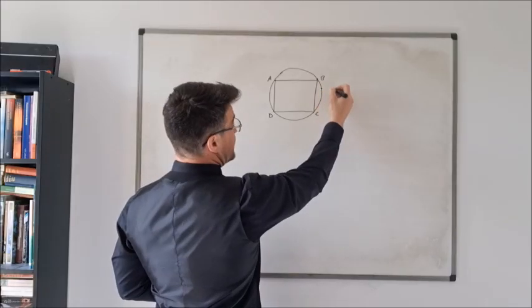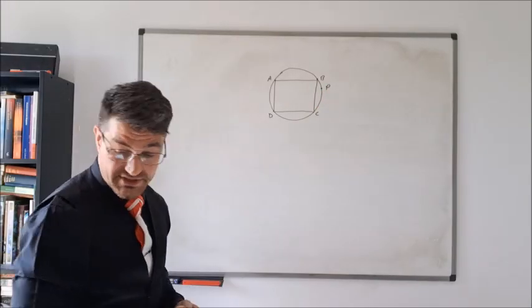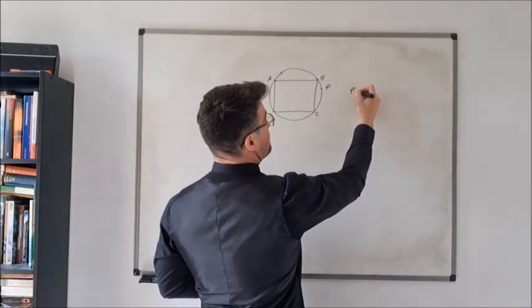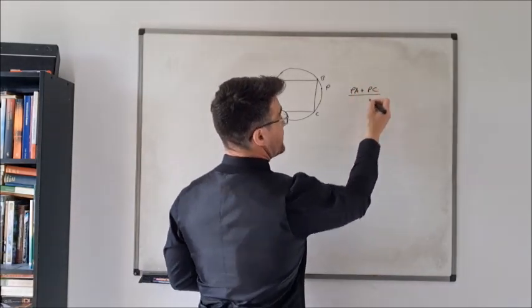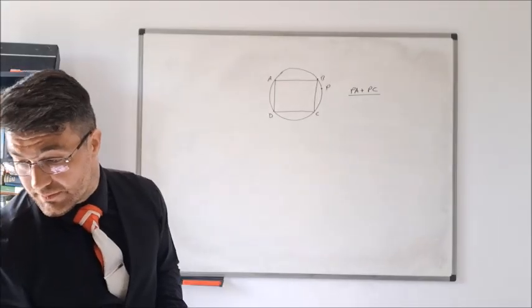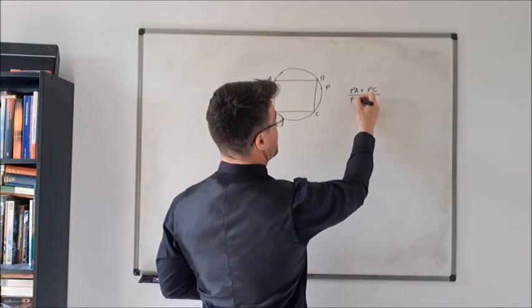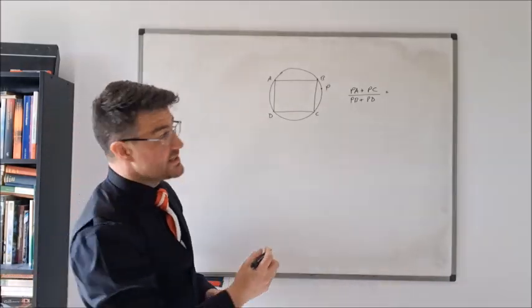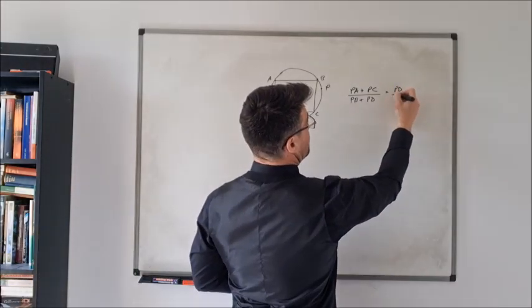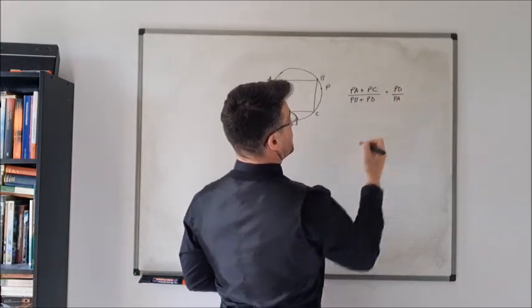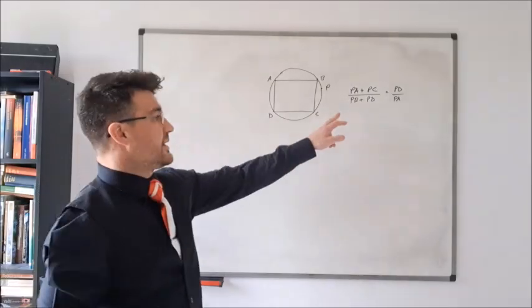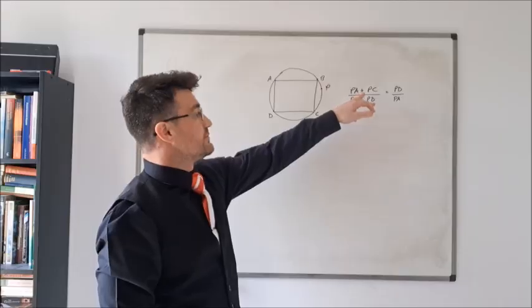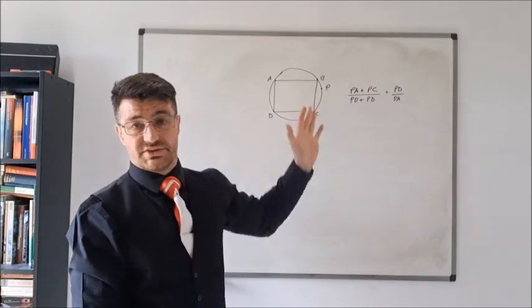It could be anywhere on the arc BC. Let's suppose it's there. Prove that PA plus PC over PB plus PD is equal to PD over PA. What we're talking about here are the lengths, so the distances: the distance PA plus the distance PC over, and so on and so forth.